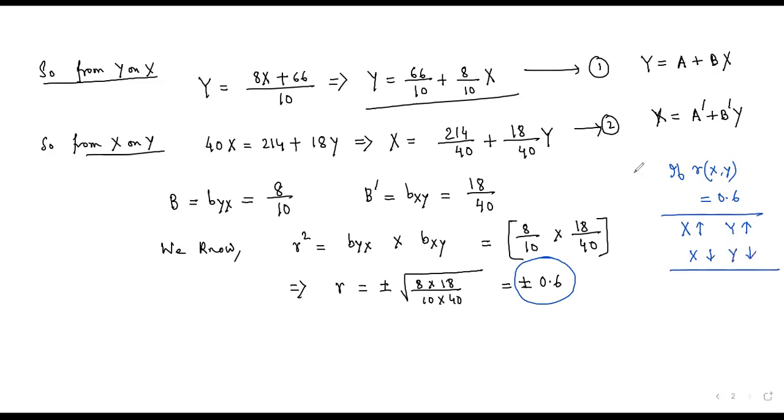This much we know from this information. If Rxy is equal to minus 0.6, that means X is moving in the opposite direction to that of Y. But here we are not sure about which one is correct. Either the two variables are moving in the same direction or in the opposite direction, because two possibilities have emerged. But a little bit of analysis will help you in this regard.